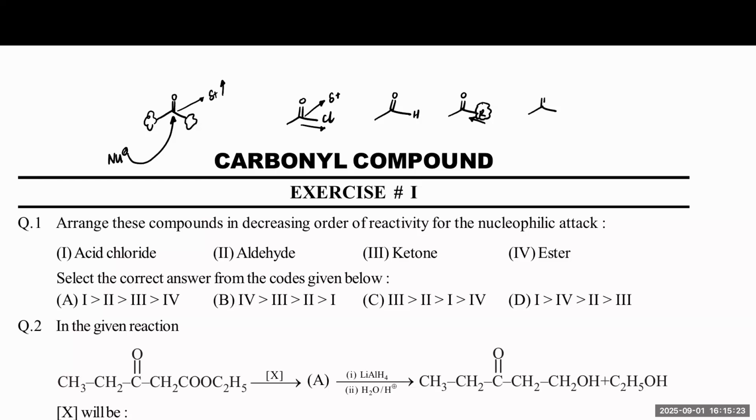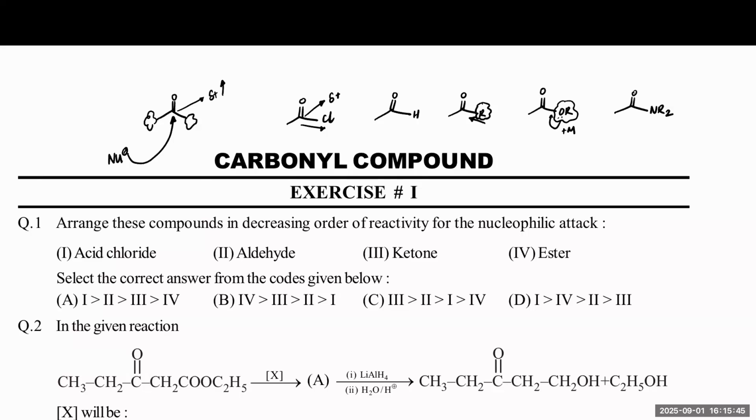And then we have ester. Ester will have plus M also, which is very strongly dominant, and some crowding also, because of which you will notice this is the least reactive. In fact, the least reactive would be amides, R C O NR2.